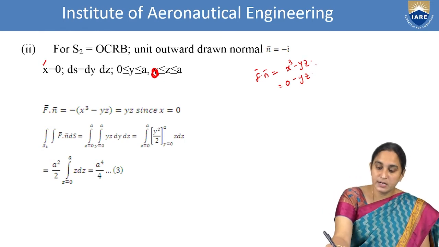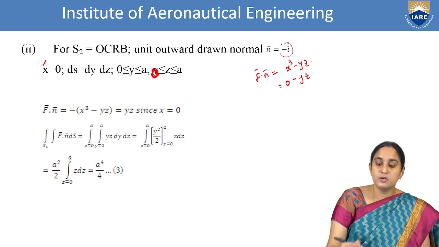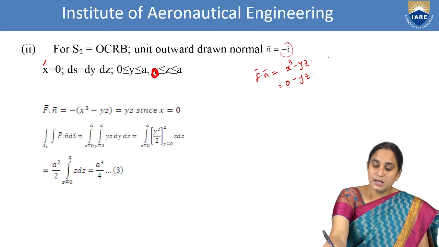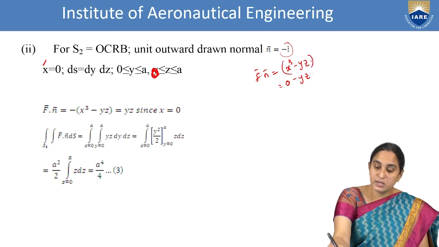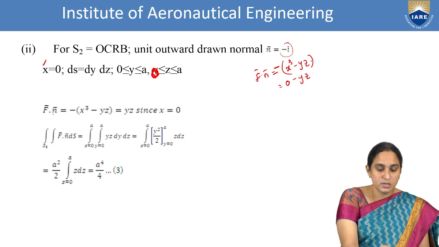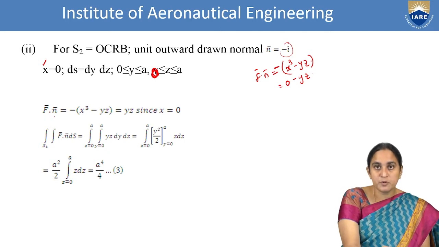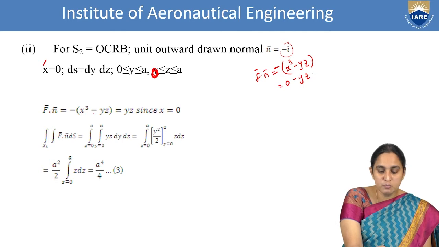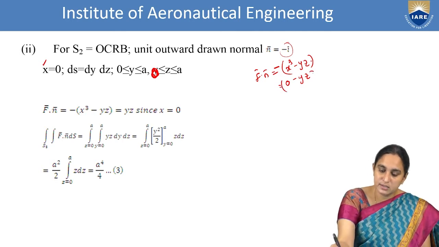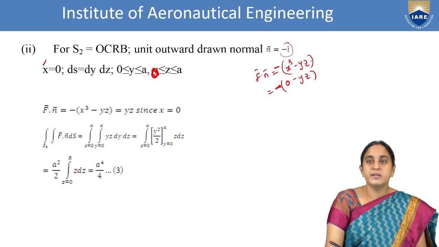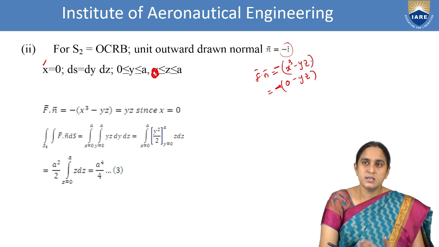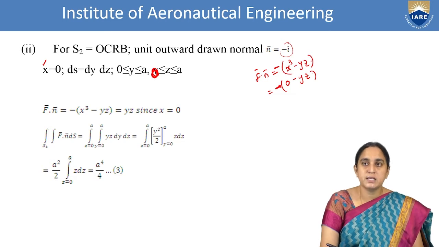Here, for f bar dot n bar, the unit normal vector n bar is minus i bar. That's why here we got a minus. The product of these two vectors gives minus of x cube minus yz, right? The procedure is the same as for the previous phase, but here in place of n bar, just substitute minus i bar.